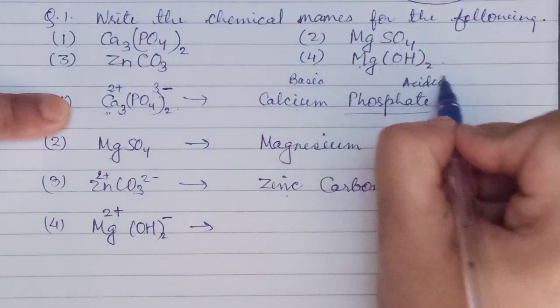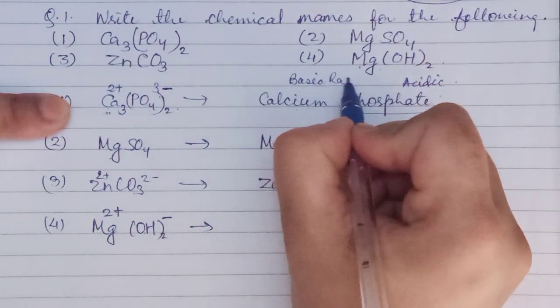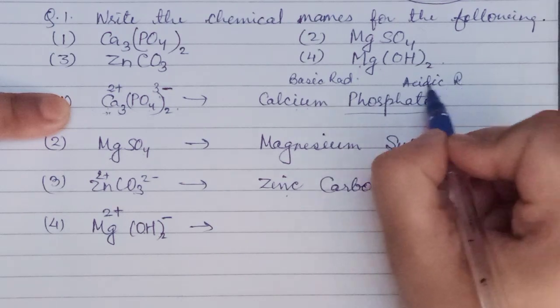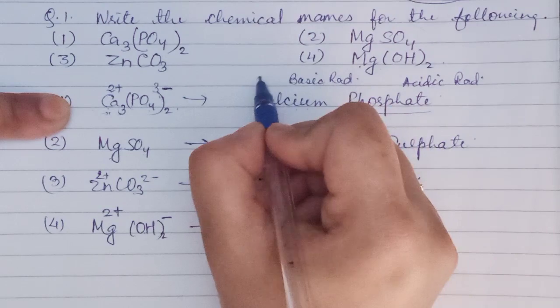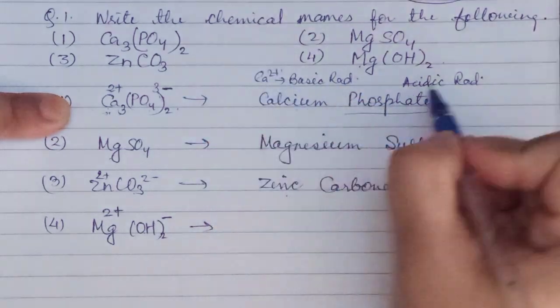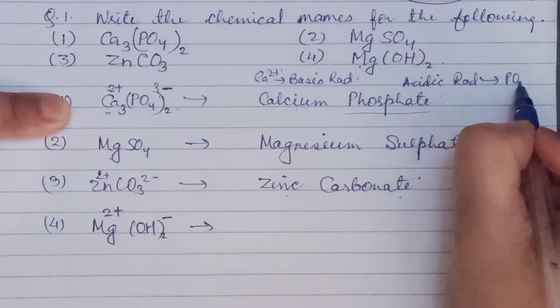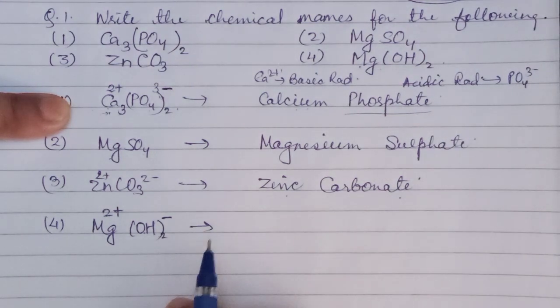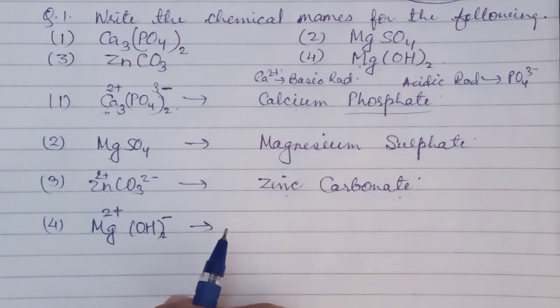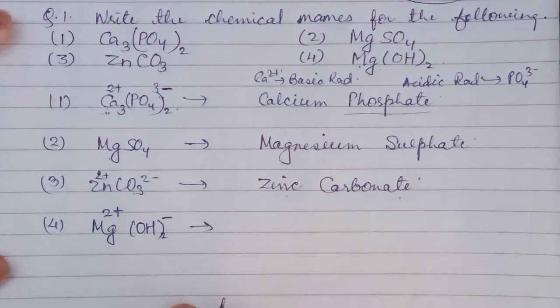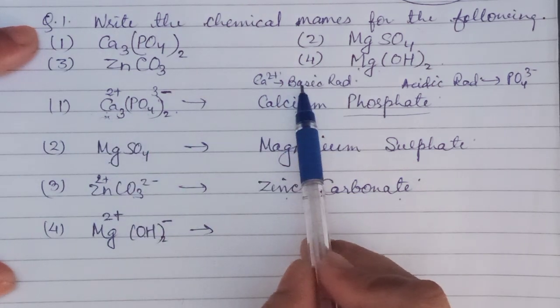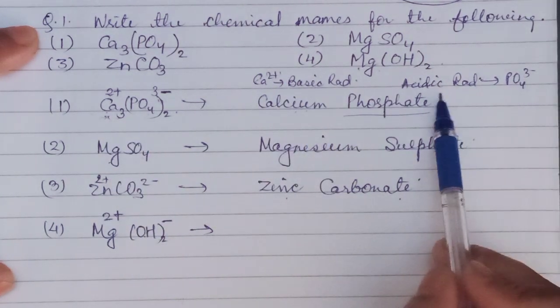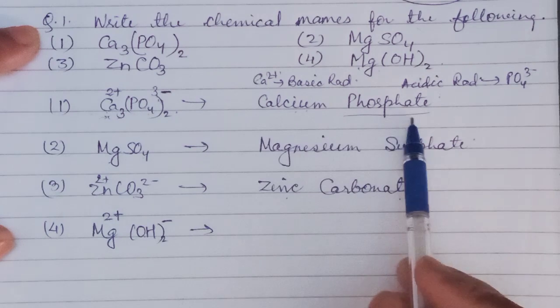So Ca 2 plus is basic and PO4 3 minus is acidic. Children, in the exam it comes like: identify the acidic and basic radical from the given formula. So it will help there also. So plus will be basic and minus will be acidic, and then write the name.